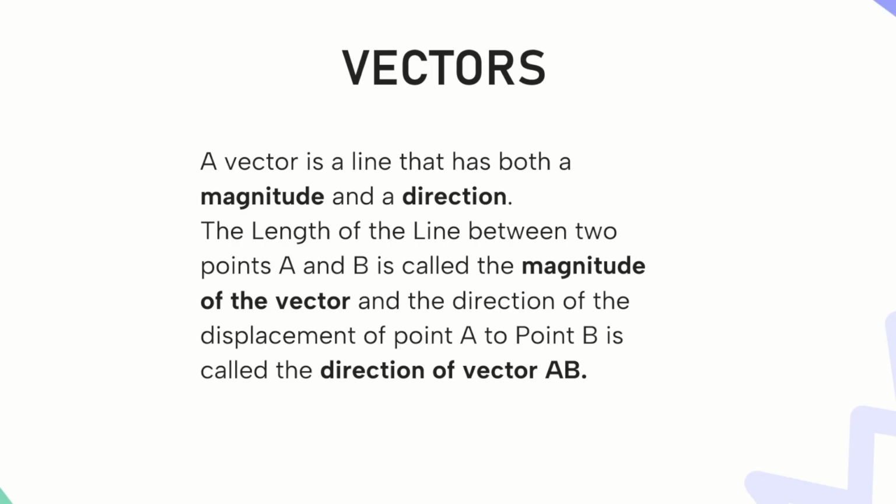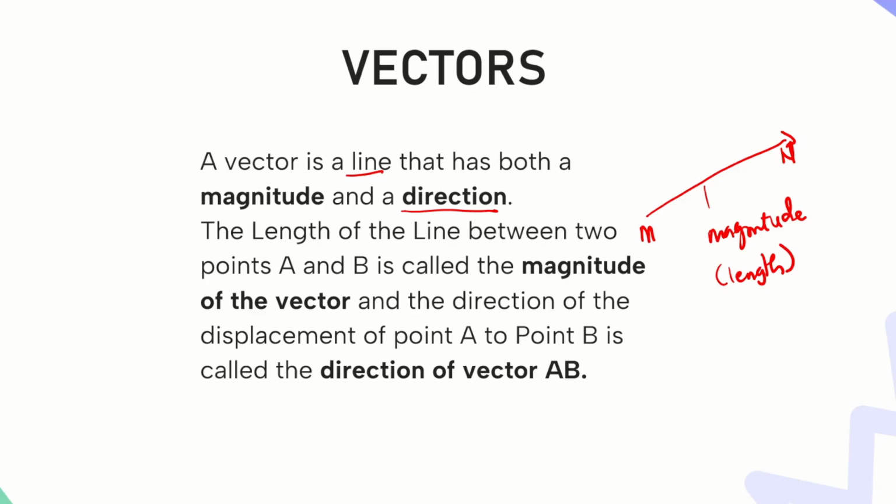We can also define a vector as a line from M to N, which has a magnitude, where the magnitude represents the length, and it also has a direction.